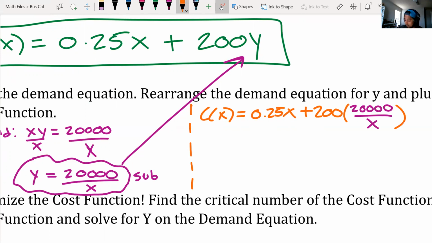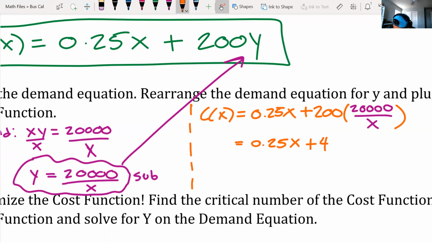Now we just simplify this and we get 0.25x plus 200 times 20,000. That's 4. And how many zeros do I have?